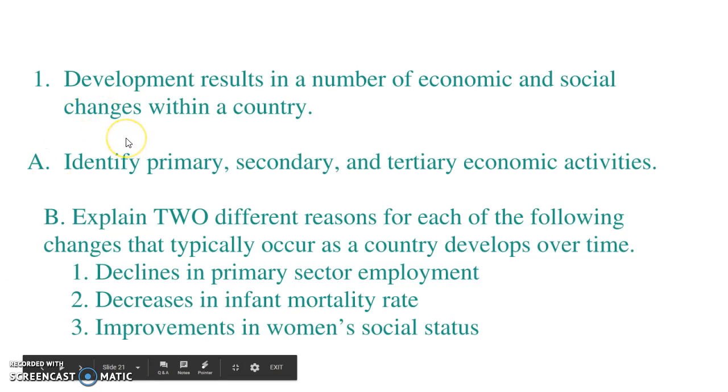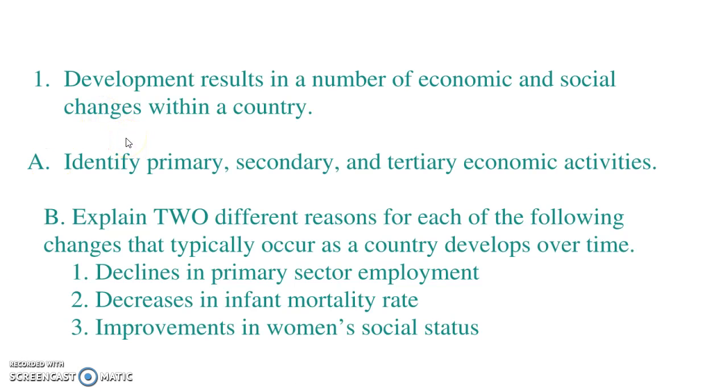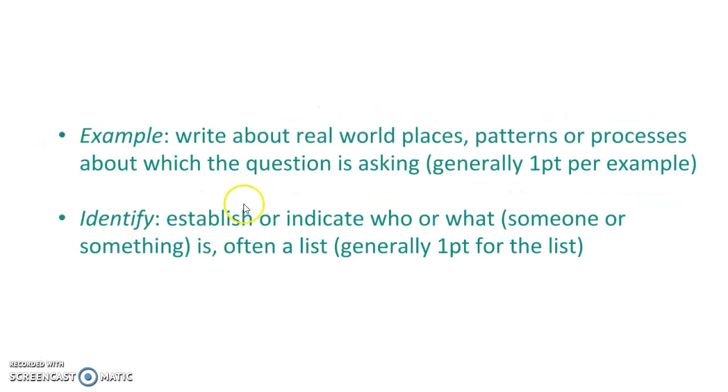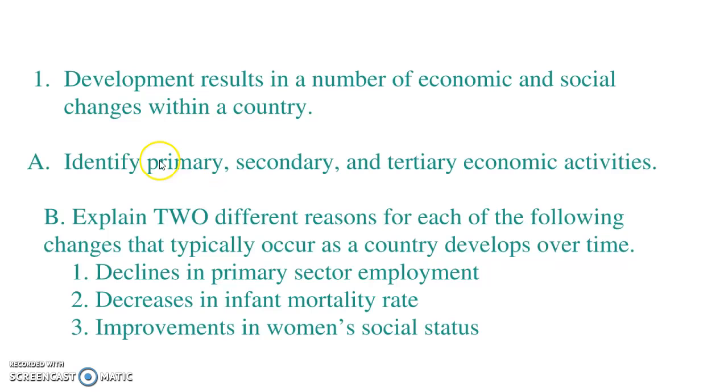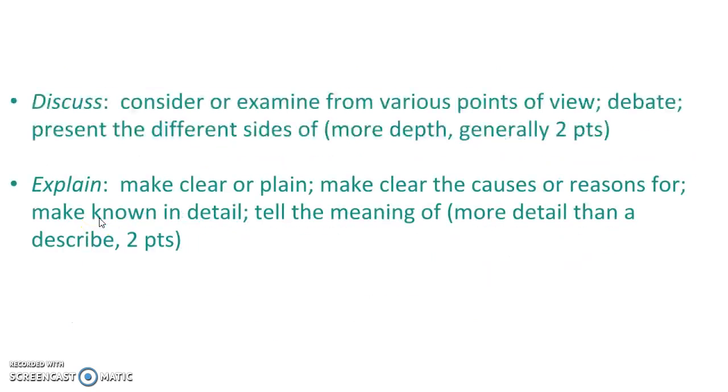So here is a good example of a question. Here's a statement: Development results in a number of economic and social changes within a country. A, identify. Right here, we're going to be identifying primary, secondary, or tertiary economic activities. B, explain.